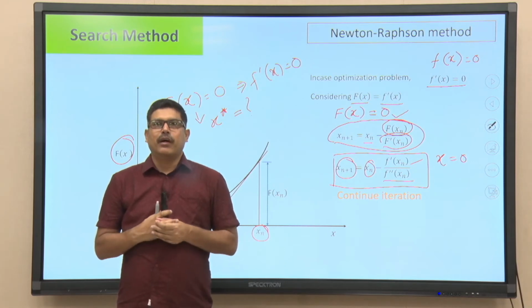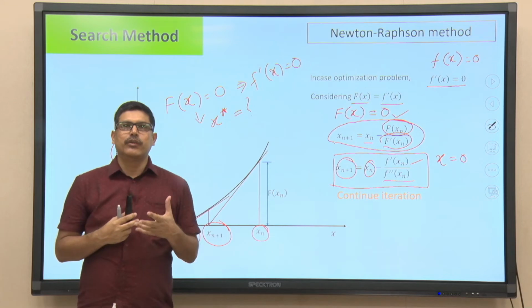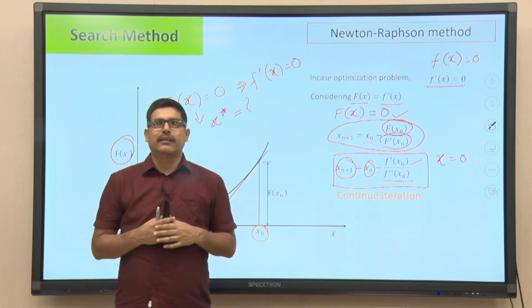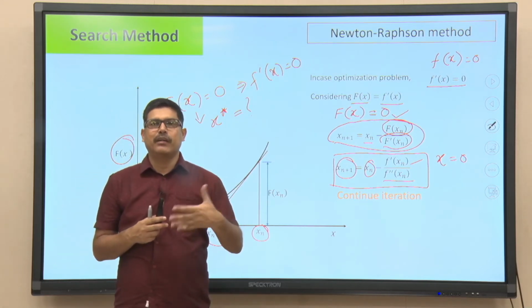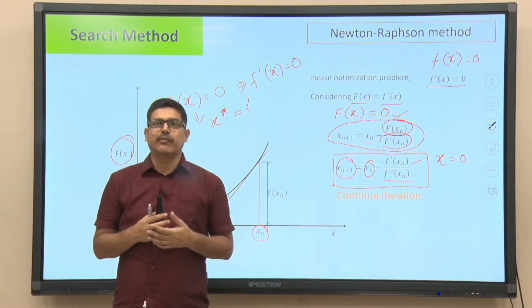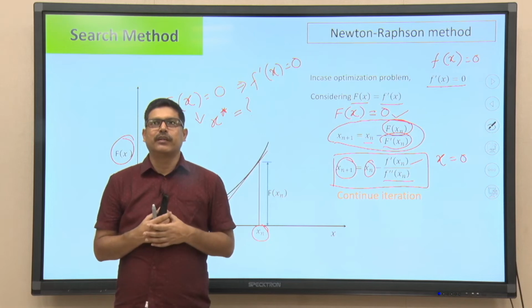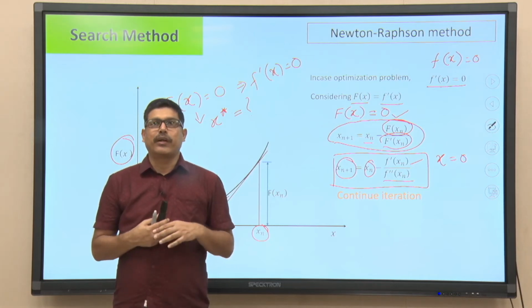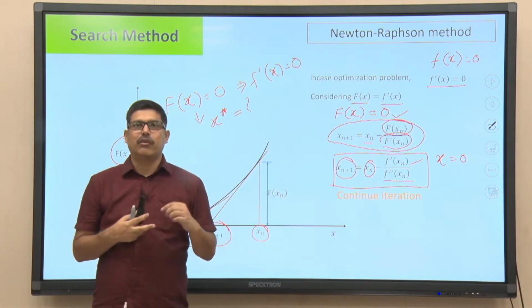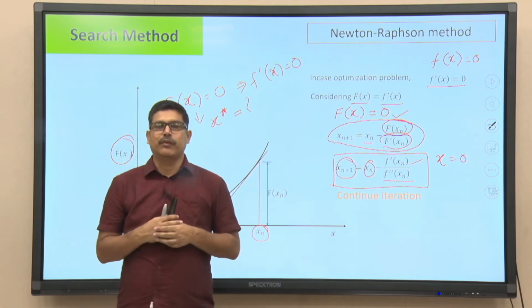Now, if you are working with a simple function, then in the program itself you can give the derivative of that particular function, but when you are working with a very complex function, derivative calculation is not that easy, and then it will be difficult to apply the Newton-Raphson method.